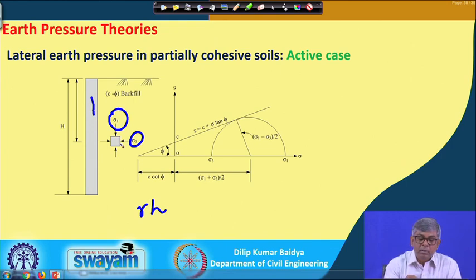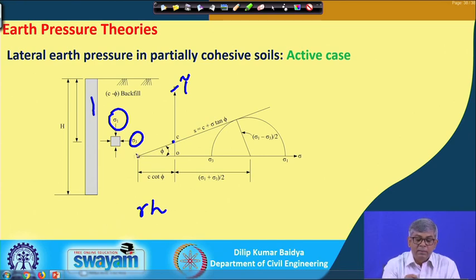If the soil is c-phi, then if you plot tau versus sigma, or shear strength versus sigma, you will generally have the envelope, which intersects the tau axis, and if you extend it, it will meet somewhere here.